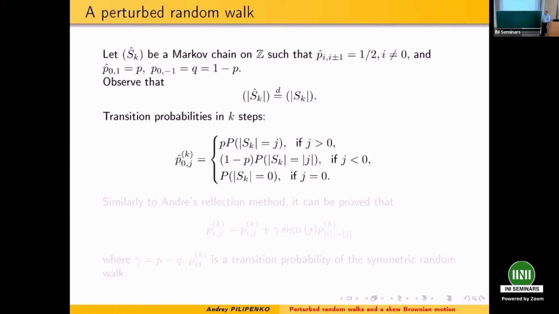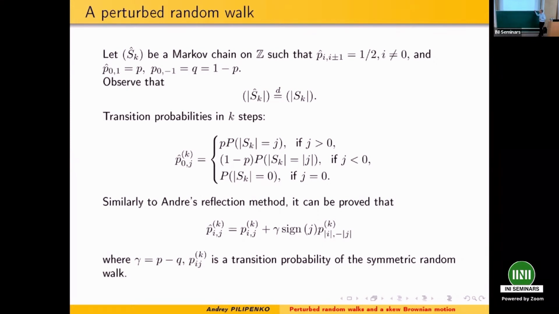With probability p we go up, and with probability q we go down. Then it's clear that the absolute value of this perturbed random walk has the same distribution as the initial random walk. And all transition probabilities can be calculated explicitly.